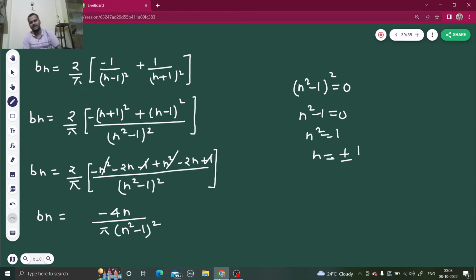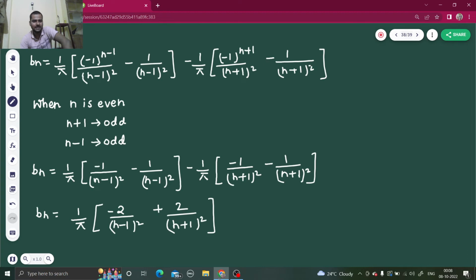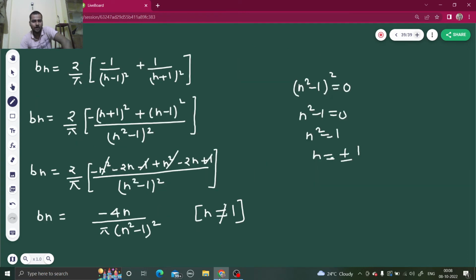Obviously we are not taking minus 1 because our interval is from 0 to infinity. So n equals 1 we will not take. This is not defined for n equals 1, so we'll have to find bn separately for n equals 1. That is, we have to find b1 separately. Okay. So first of all, the second case when n is odd.